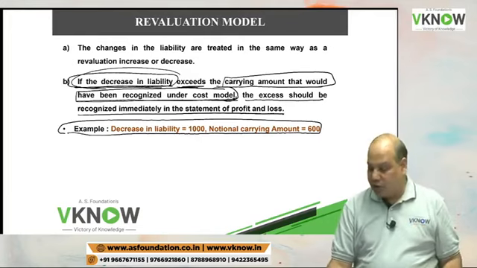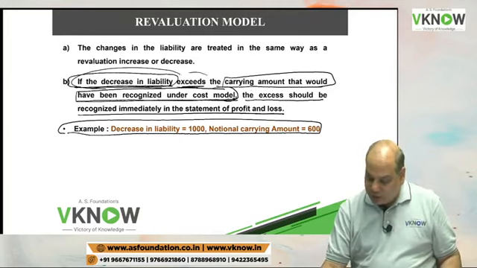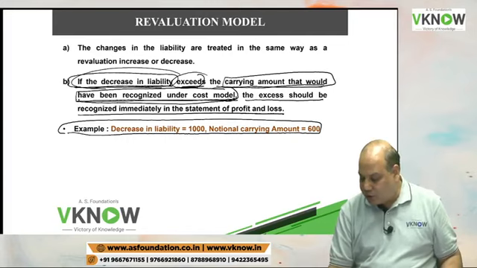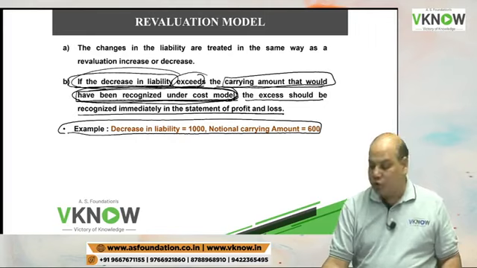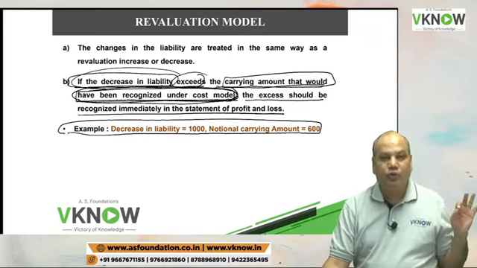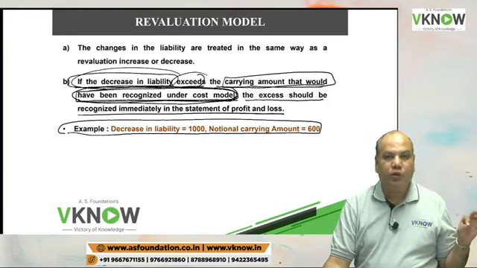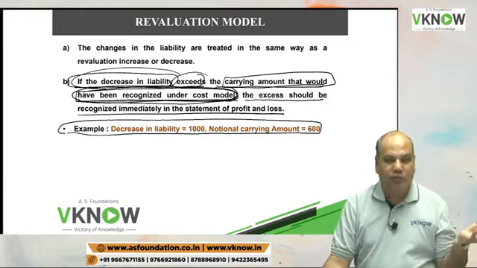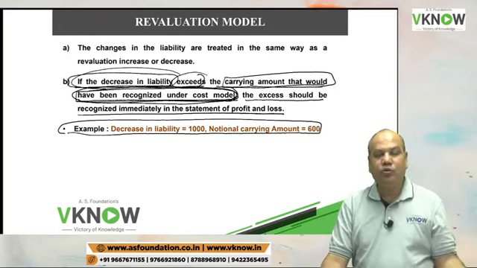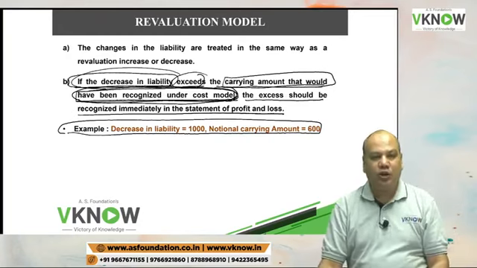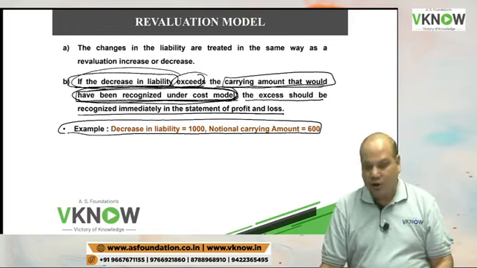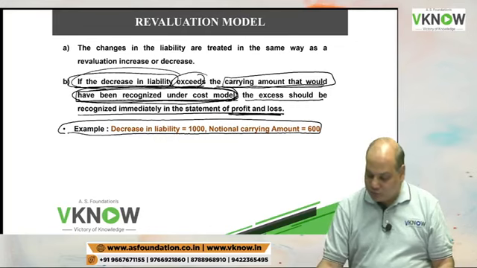There is a decrease in liability, and it is more than the carrying amount that would have been recognized under the cost model. Had you followed the cost model, what would have been the carrying amount? The excess of the decrease in liability over that amount will be transferred to the P&L account.